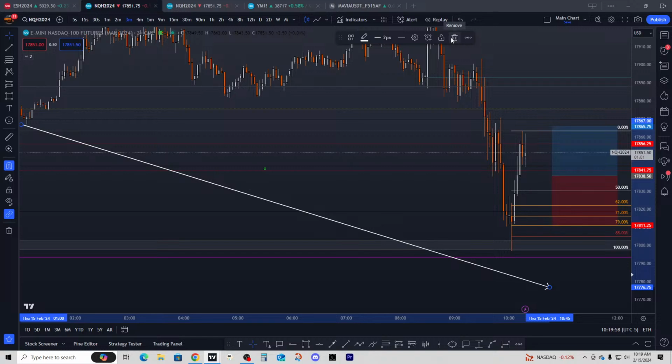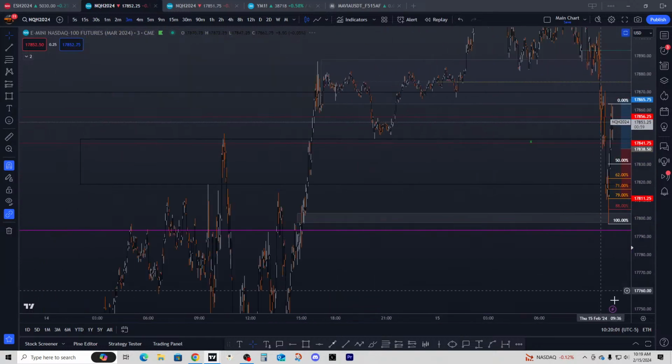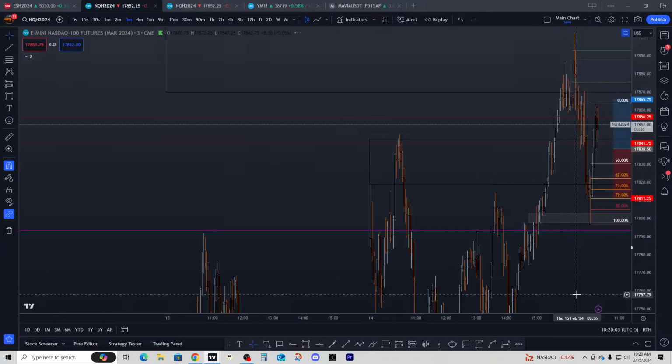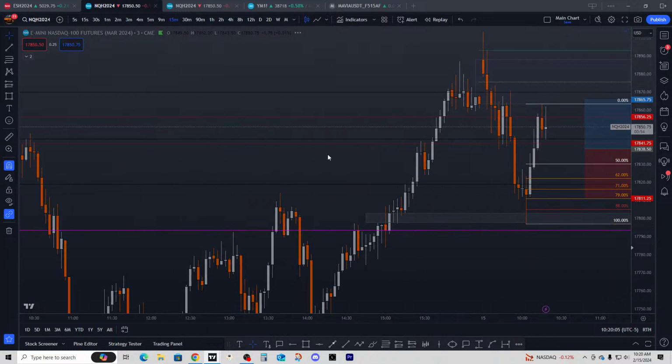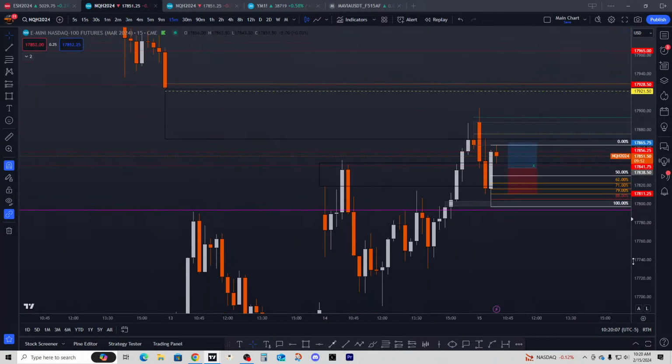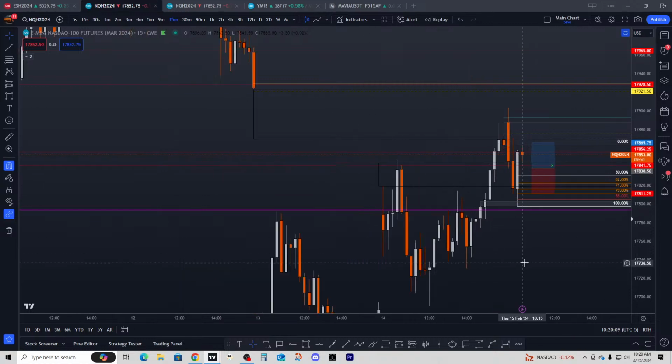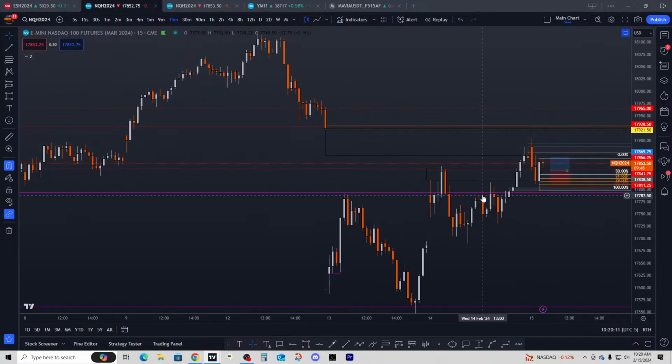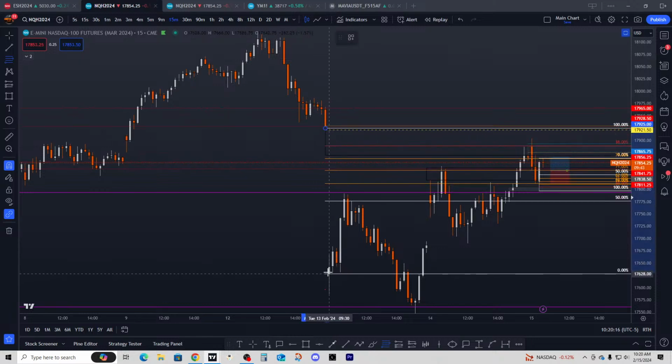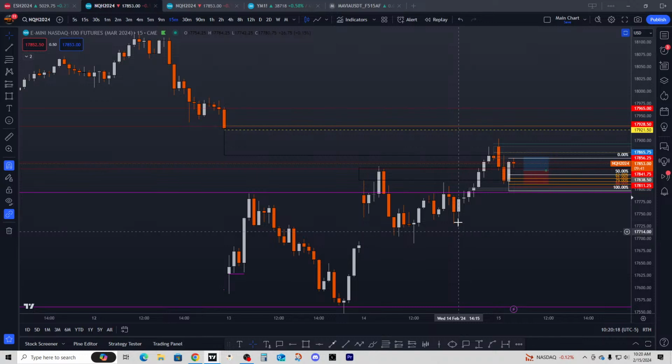Let's get this arrow off here. Yeah, it's weird that price just reacts out of this area because there's nothing really significant right here. No, there's really not.